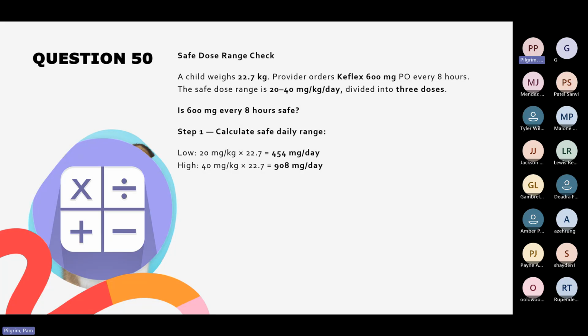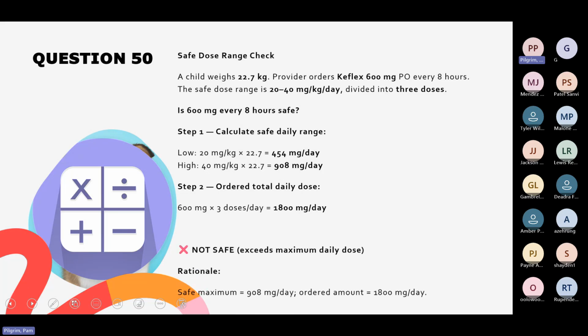Then the high end is 40 milligrams per kilogram times 22.7, so the high range for the day would be 908. Then you look at the ordered total daily dose. 600 milligrams times three doses is 1800 milligrams per day. So that is not a safe dose.